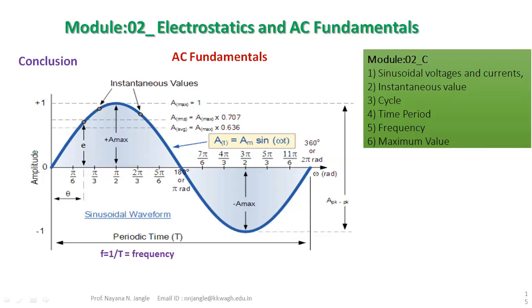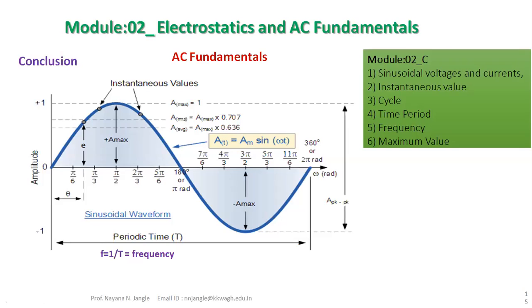The number of cycles per second is called frequency. The maximum value attained during a positive or negative cycle is called the maximum value or peak value. So here we have studied the different terms related to AC fundamentals.